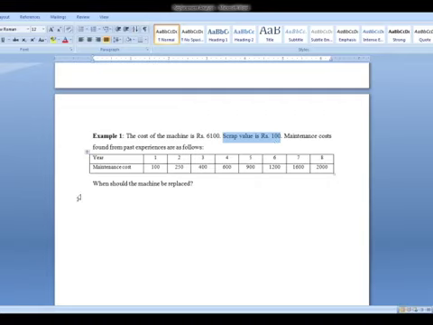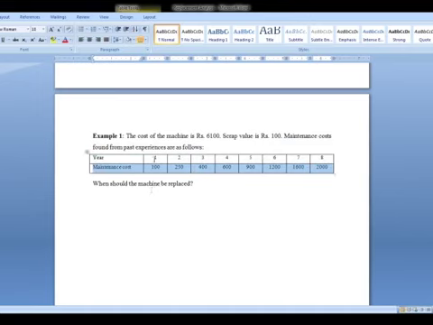They have not given you the resale value for each year, just a one-off figure of 100 rupees. The maintenance costs found from past experience are as follows. They have given you 8 years, and the maintenance cost for each year.